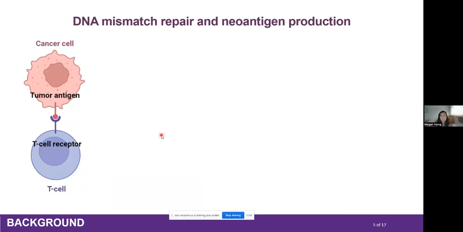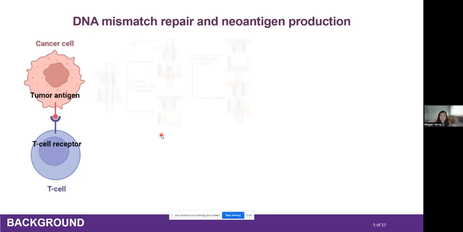Now, tumors can become visible to the immune system if they can produce these tumor-specific or tumor-associated antigens. And tumor-specific antigens are produced as a result of DNA mutations. So in a cancer cell, they can have impaired DNA repair machinery, and this can cause an increase in tumor mutation burden.